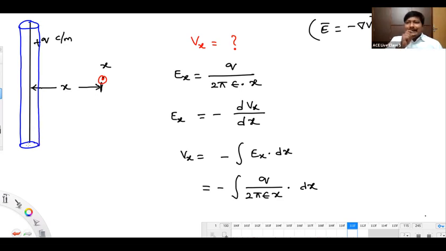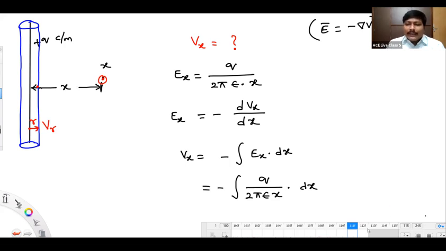Like this we have identified the size of the conductor. The radius of this wire is small. Now, very simple: if I move that x onto the surface of the conductor, then what is the voltage on the surface? You will get the voltage on the surface.